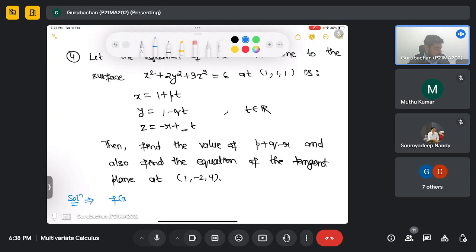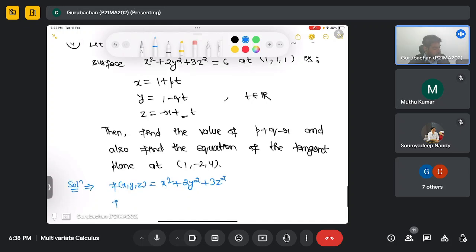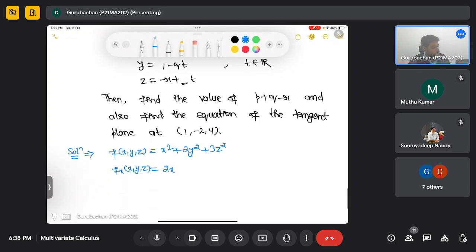So f(x, y, z) will be x squared plus 2y squared plus 3z squared. The partial derivative of f with respect to x will be 2x, with respect to y it is 4y, and with respect to z it is 6z.